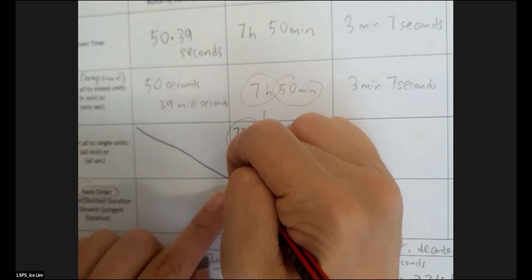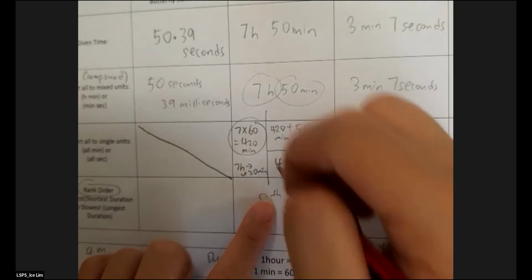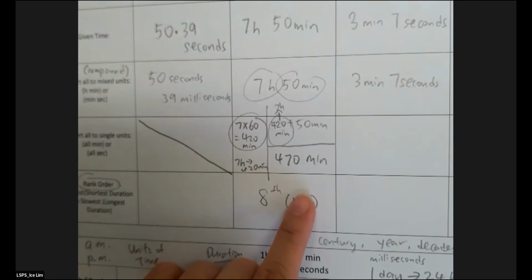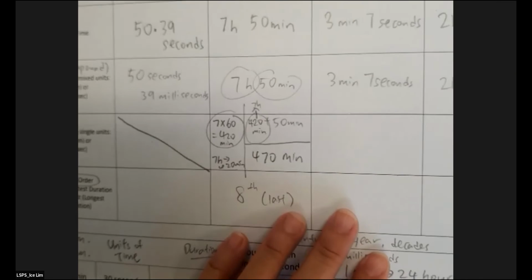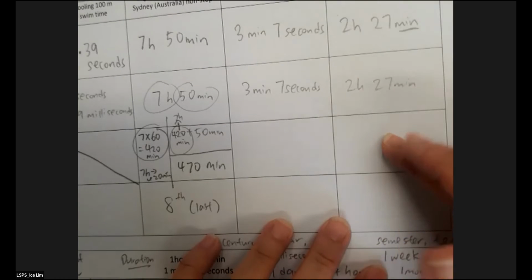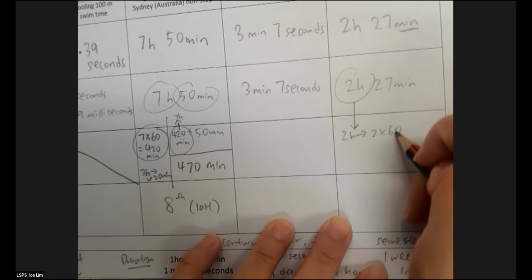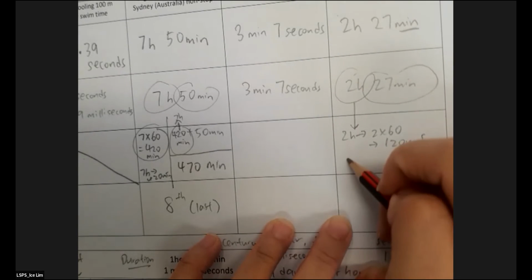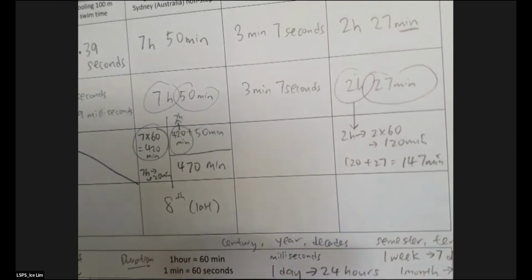That's what 7 hours means. 7 hours is 420 minutes, so I add the 50 minutes. 7 hours plus 50 minutes will become 470 minutes. Is that okay? Same thing, right? So 2 hours will be 2 times 60, that will be 120 minutes. So 120 plus 27 will be 147 minutes.